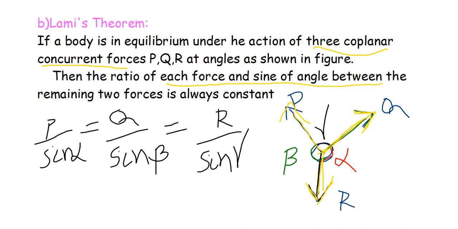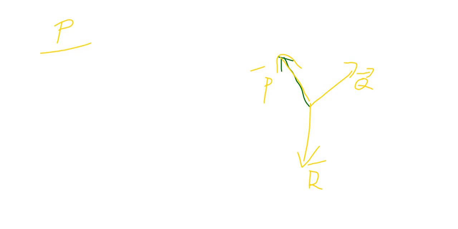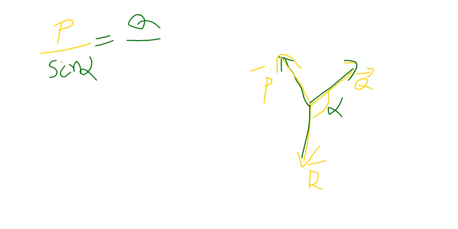P is the force and the angle between the remaining two forces is alpha. So P and sine of the angle between the remaining two forces, sine alpha here. Next one is the force Q. The force Q and the sine of the angle between the remaining two vectors.